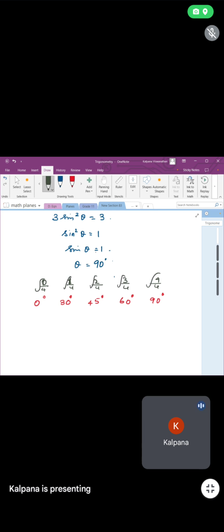Now you can write the answer. This is for sine theta, I am telling. 0 by anything is what? 0 by any number? 0.